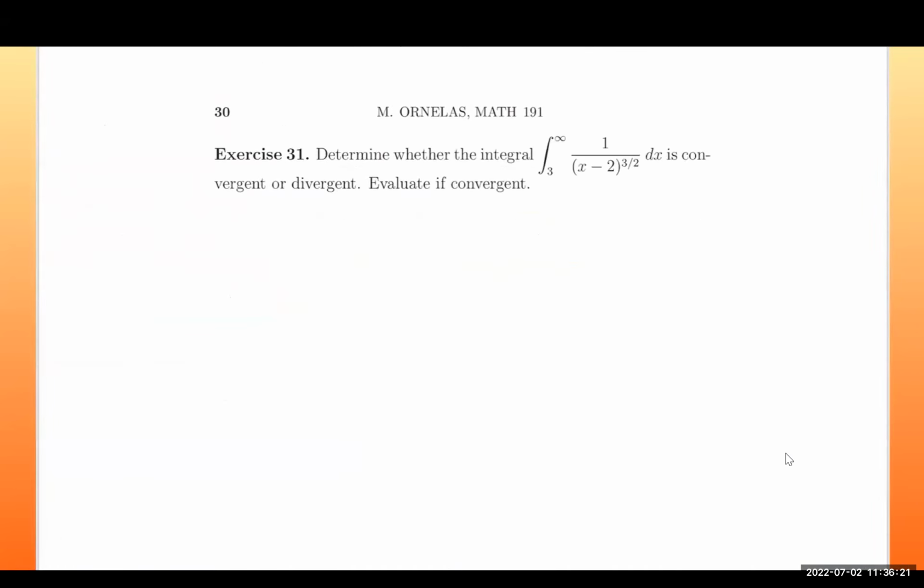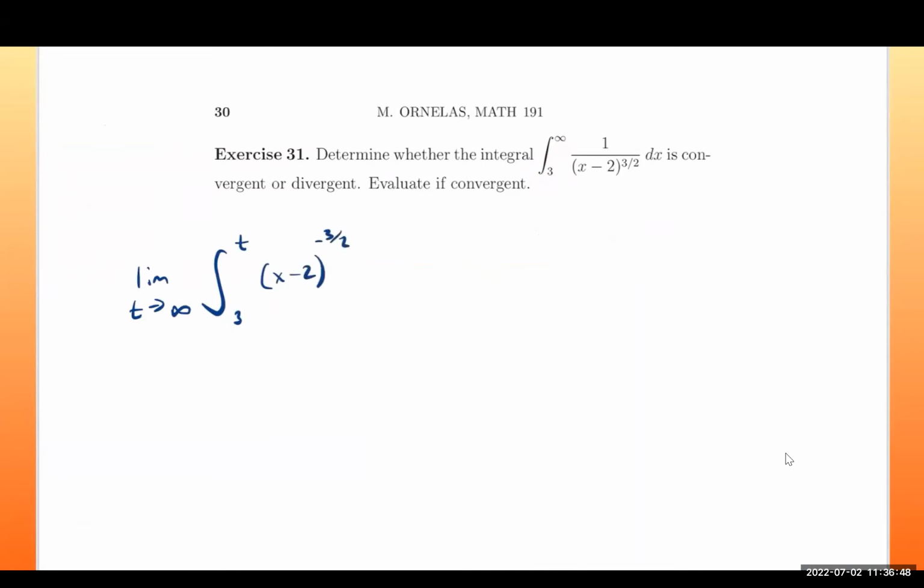All right, the first example wants us to determine whether this integral is convergent or divergent. So we're going to apply definition part A, since the limit is constant on the bottom and infinity on the top. So we can rewrite this as the limit as t approaches infinity of the integral from 3 to t.